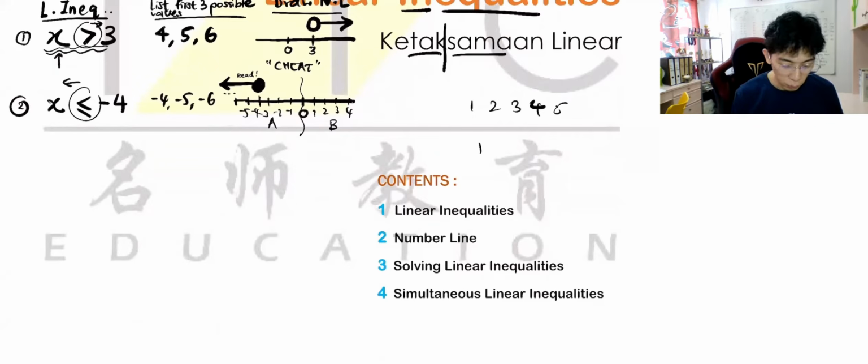Do you write 1, 2, 3, 4 as positive values like this? No, right? That's why what you do is you continue writing this, negative, then you just continue.